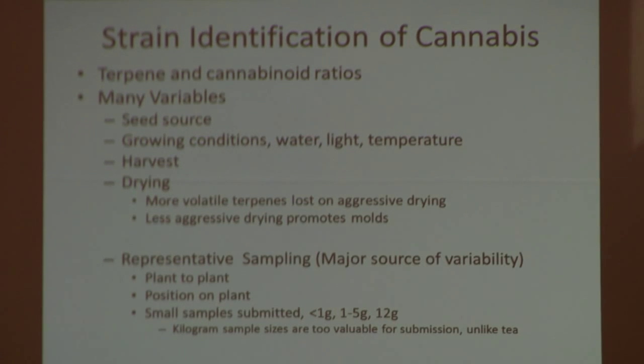So sometimes we are plagued by having too little sample to be very representative. That ends up causing variability, and I've seen newspaper and journal articles talking about the variability in this industry. This is one of the big reasons why: what is a representative sample?